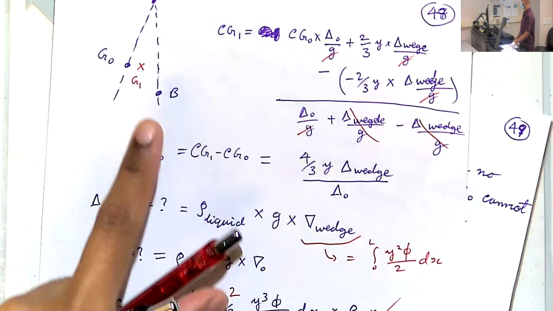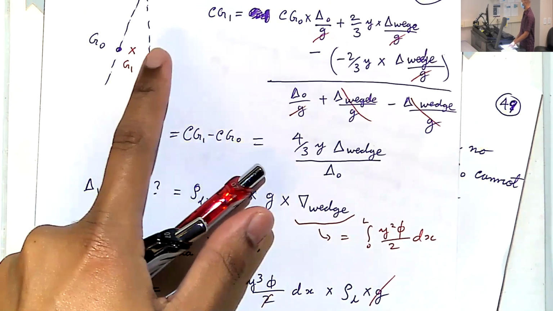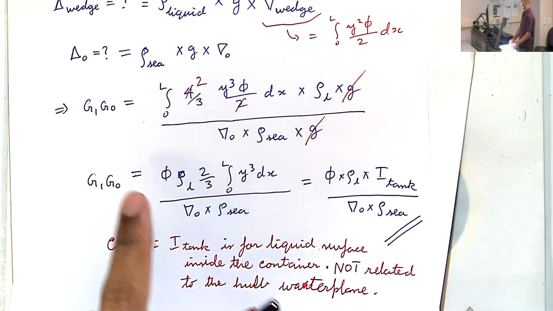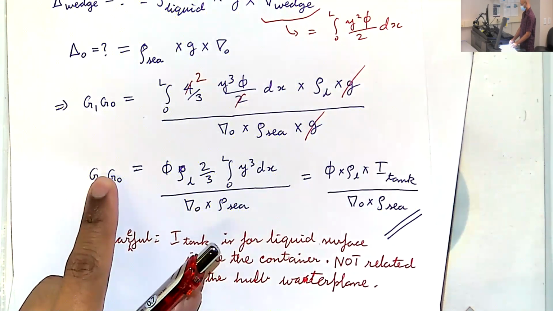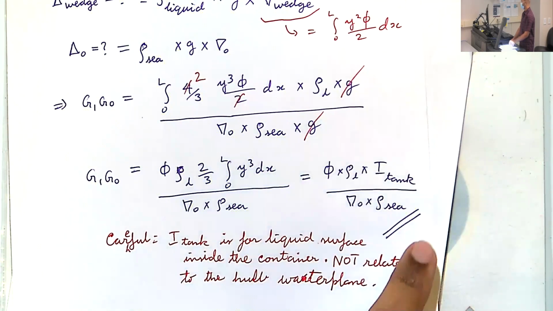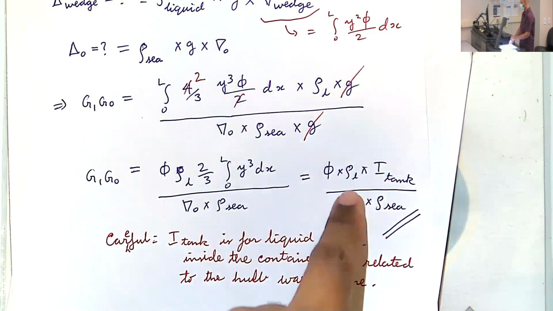And we computed what the shift in the center of gravity location would be. That's the G0, G1, G0 here. All right, and we can compute it exactly based on the tank properties and the liquid inside the tank.